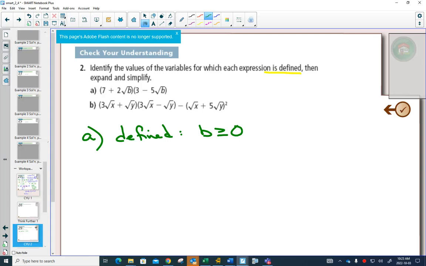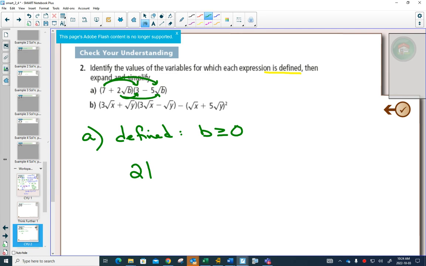Now we just have to go through and do all the multiplication, and take your time. So first of all, 7 times 3, that's going to be 21. Then 7 times negative 5 root b. So this is the same as multiplying radicals, even though there's no radical in the first one.